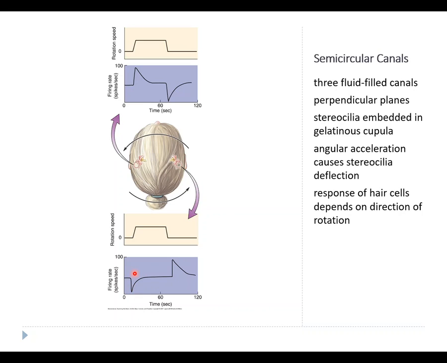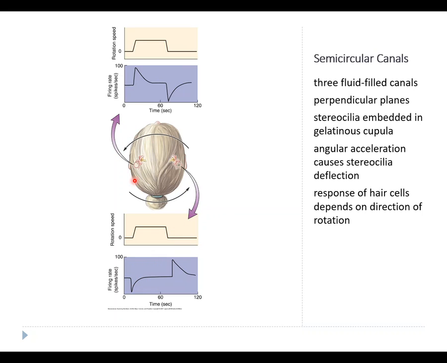This of course only applies to left to right, or side to side, motion. It doesn't apply to front to back motion because those semicircular canals should usually be moving in the same direction. But in any case, it's the direction of motion that determines whether or not they are activated.